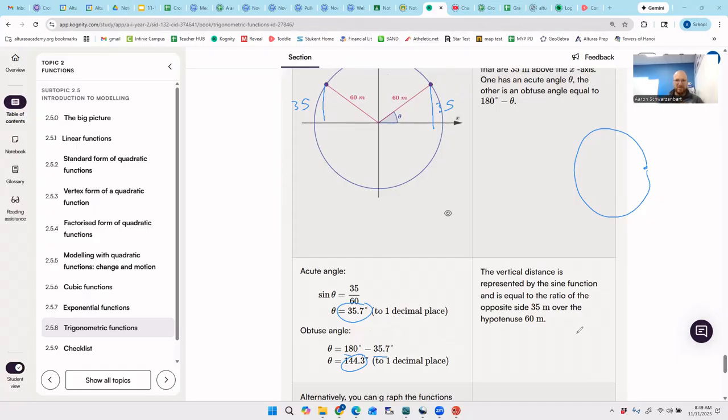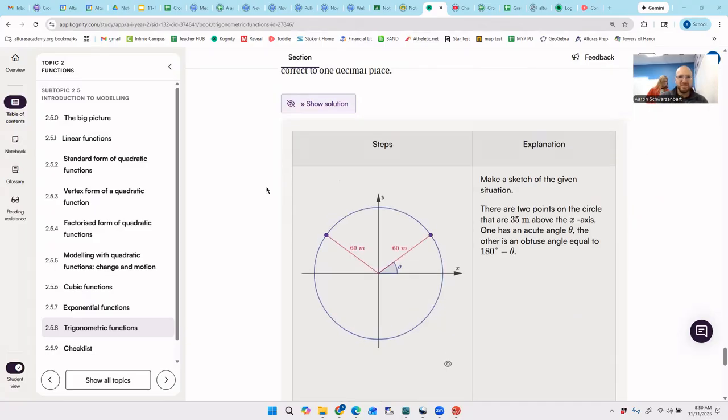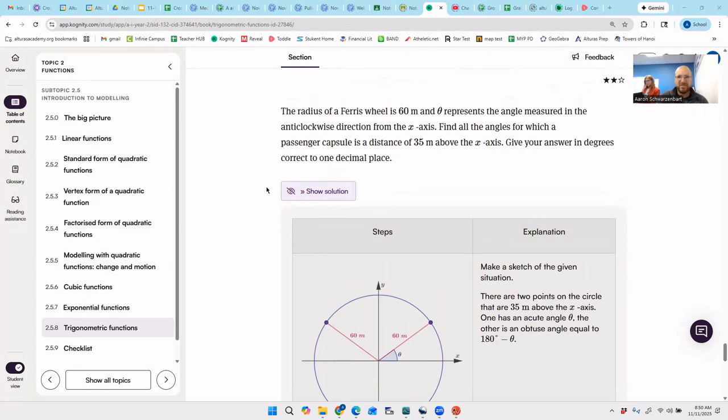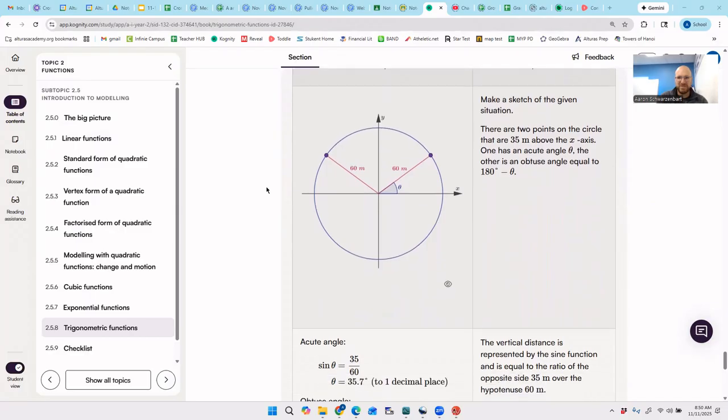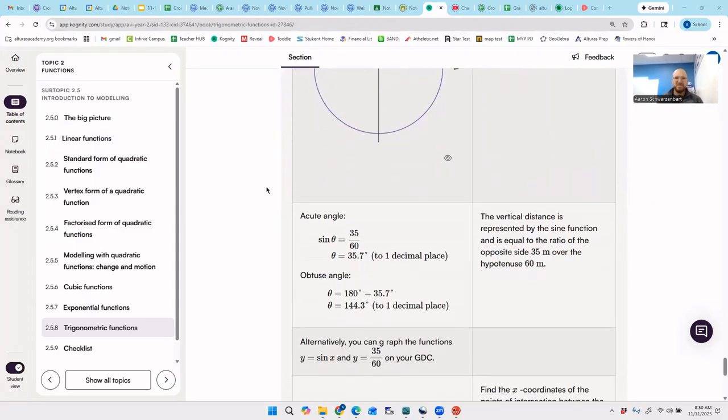The question I believe asked, I need to go back and read it. Find all the angles for which it is 35 meters above the x-axis. So it repeats every 360 degrees, right? Well, because we're in degrees, it's 360n.